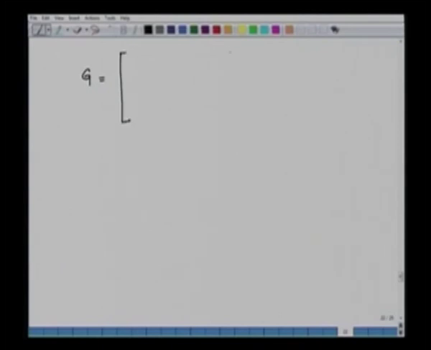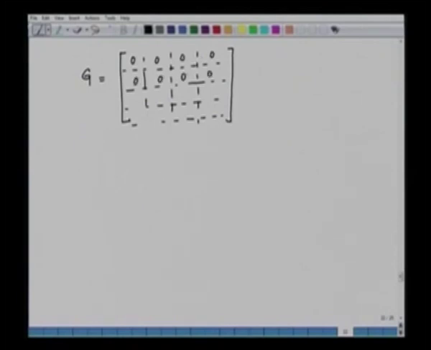We can rewrite this matrix G as a 4 by 4 matrix. There is no speed term in the first row, no speed term in the second row.